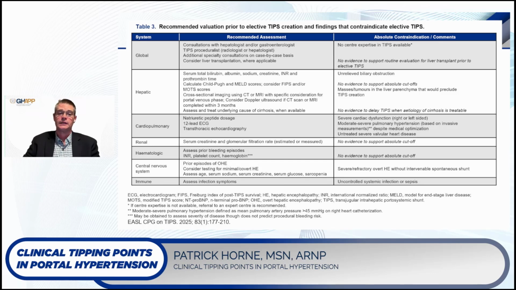Then evaluation of the patient, not only clinically and physically, but also using laboratory testing to assess MELD scores, as you heard about, also assessing Child-Pugh, and then again that cross-sectional imaging to evaluate the anatomy to make sure that a TIPS is feasible in that particular patient. And then also looking for other underlying causes of cirrhosis or other underlying comorbidities that could preclude the patient, such as cardiometabolic, renal, or hematologic issues, and then obviously the presence of hepatic encephalopathy at baseline and to what severity that may be.